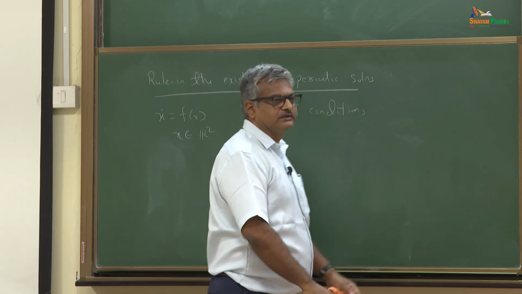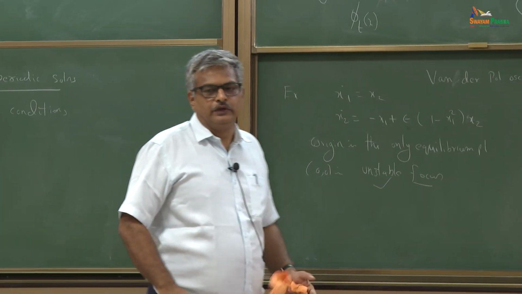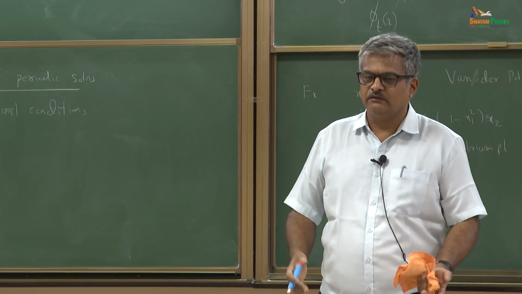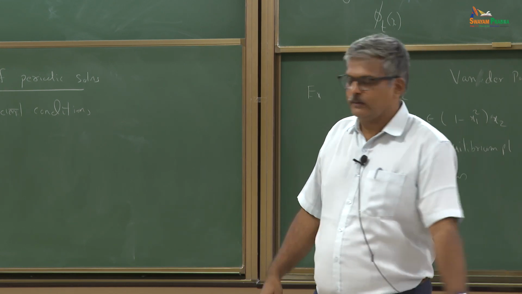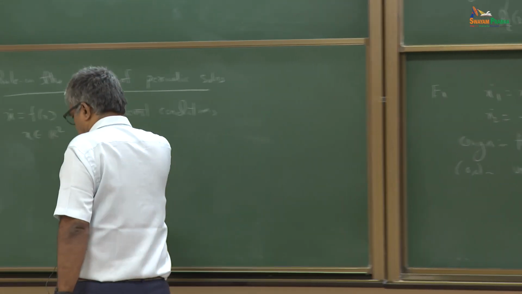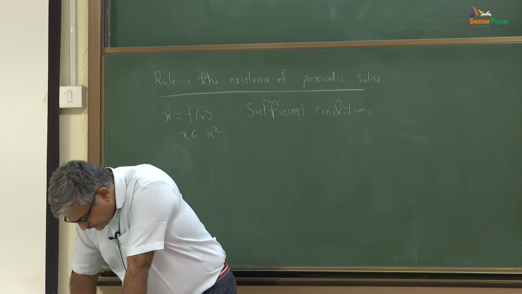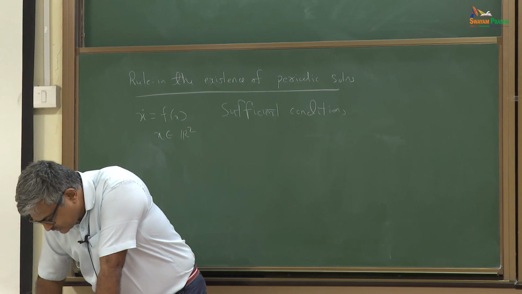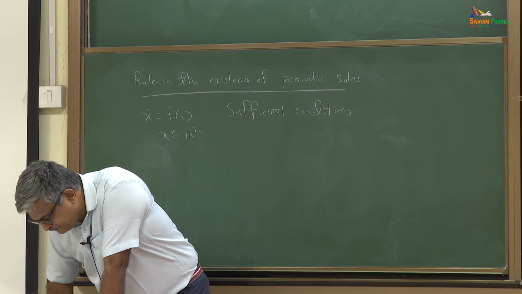That means if those conditions hold, you can say a periodic solution exists. If they don't hold, you cannot comment anything. Okay. So the first one is called the Poincaré-Bendixson criterion.